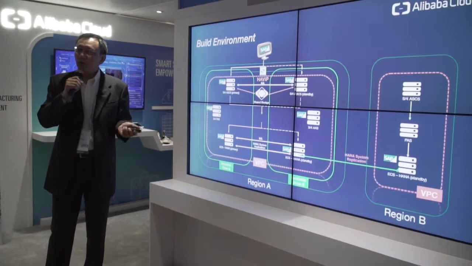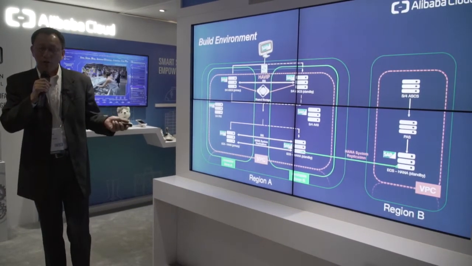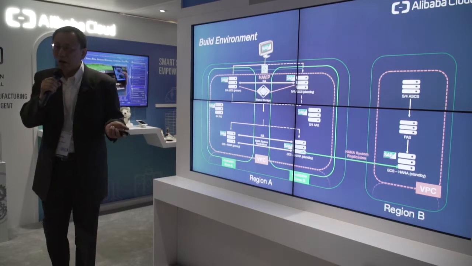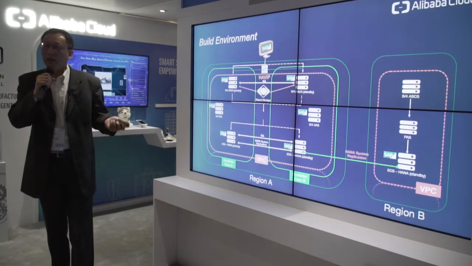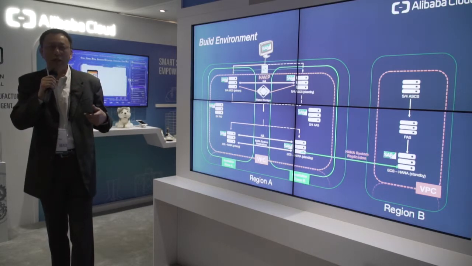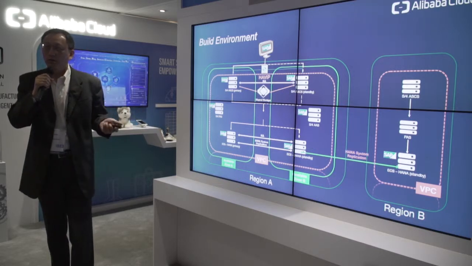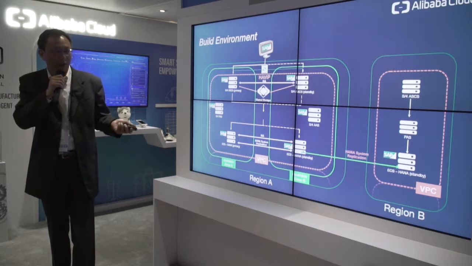And based on the SLA, you can also do a multi-region setup, with another region as your DR region in case of disaster recovery. You can use the second region to run your system in the event of disaster.